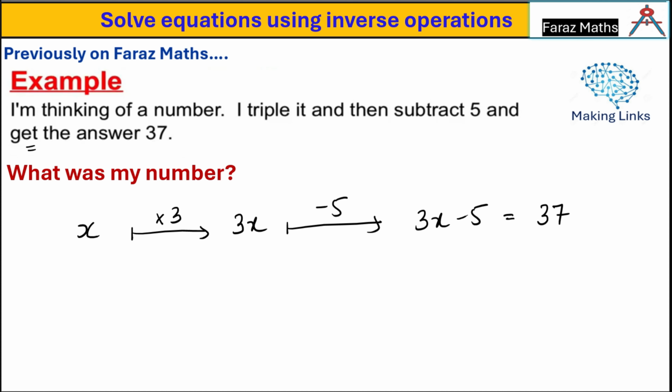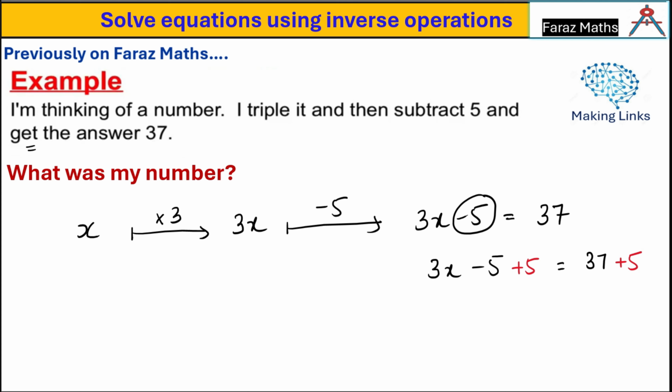What was my number? So the first step we do here is to add 5 on both sides, because we want to make x alone on the left side. So if you want to make x alone on the left side, you have to move this negative 5 to the other side, or you can say that we are adding 5 on both sides. Plus 5, then equals 37, and then plus 5.